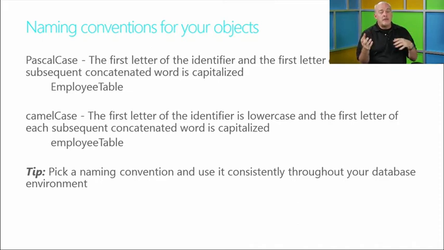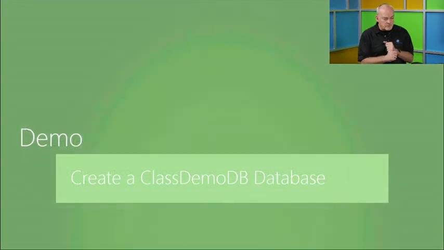When you start renaming your objects, if you decide to use Pascal case or camel case, use the same naming convention for everything that you're doing, so you don't get confused as to why you used one thing in one place and something different in another place. And try to keep that as a standard within your organization, so you've got that consistency when you're creating these objects.